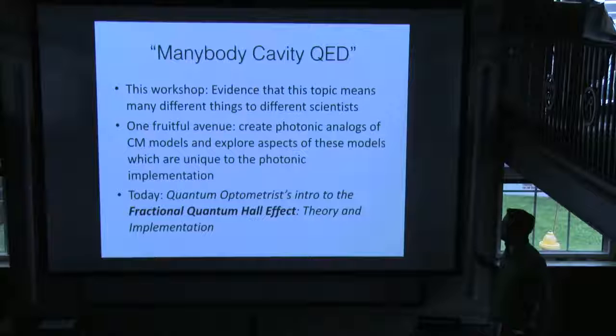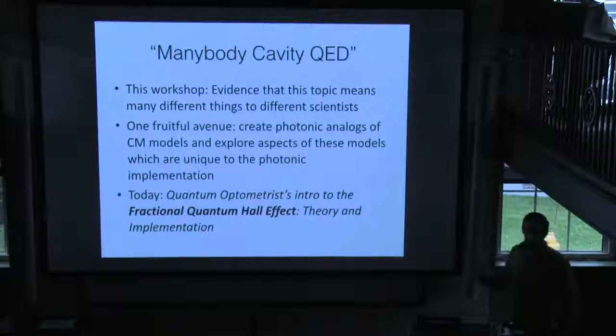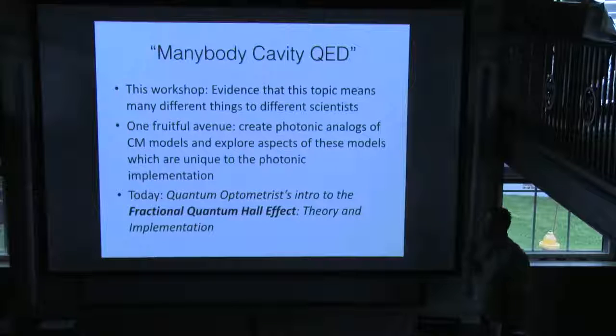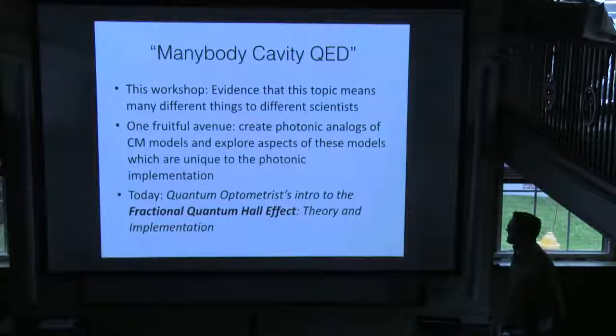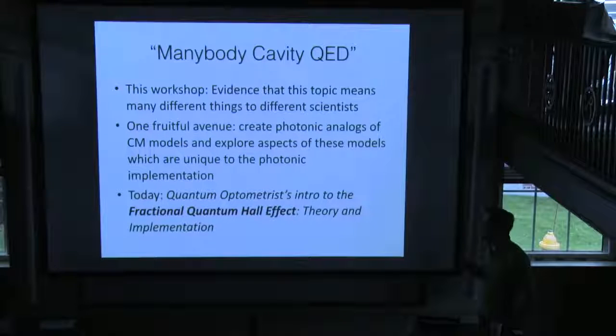But that's the one that we're focused on in my group. And I think to some extent, one can really just ask questions about these condensed matter models in general, but I think there's also a lot to learn from the implementation process with light, as opposed to implementing with cold atoms or in a solid state, and also from the unique properties that we get from the photonic implementations.